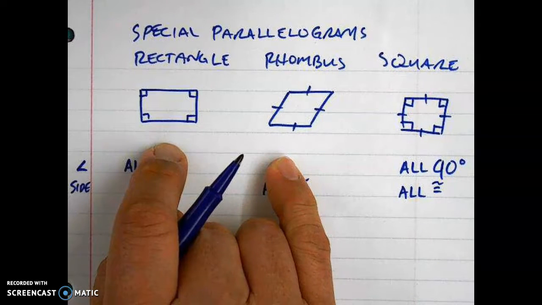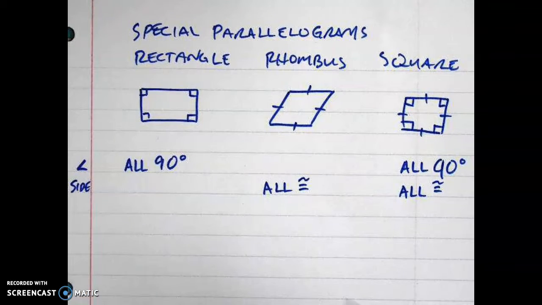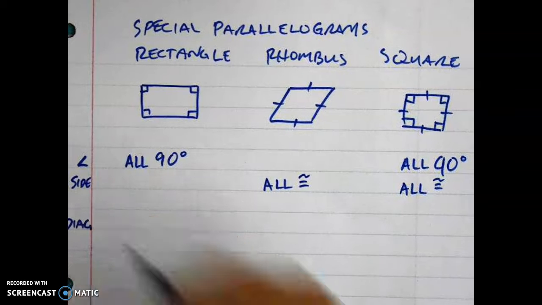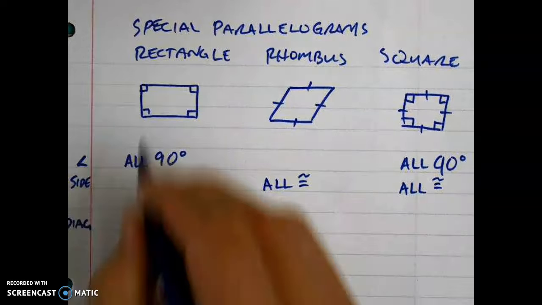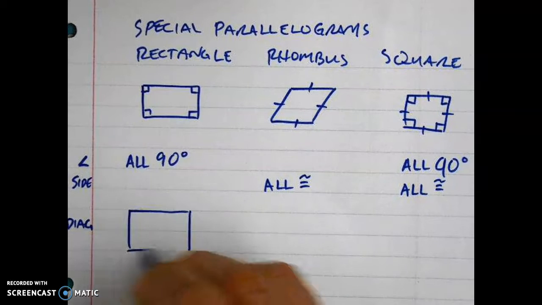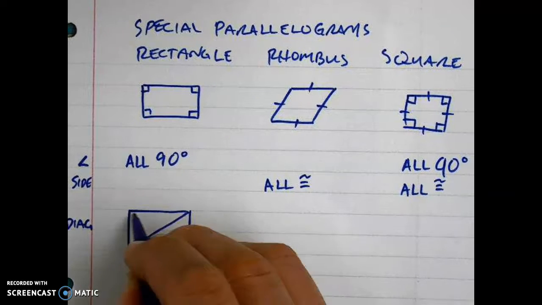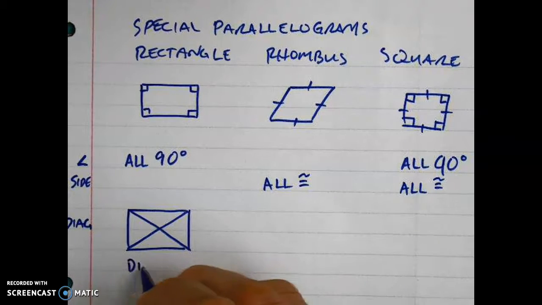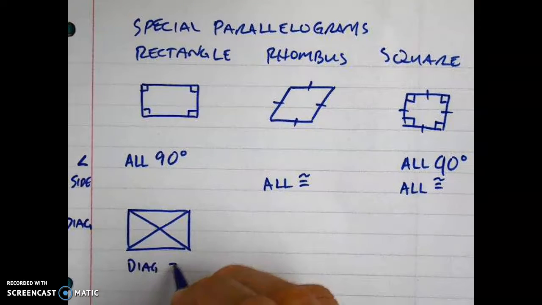Got it? Okay, so let's also talk about diagonals. So when we have diagonals in a rectangle, this is equal to this. Okay? Diagonals are congruent.